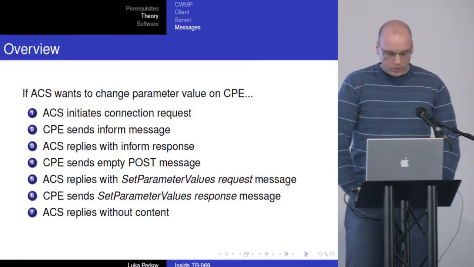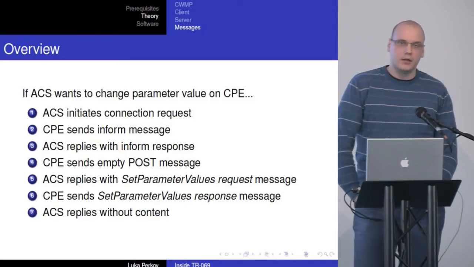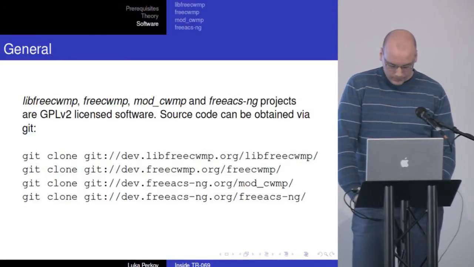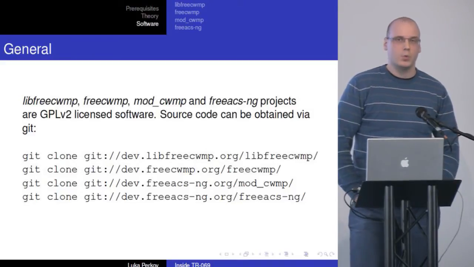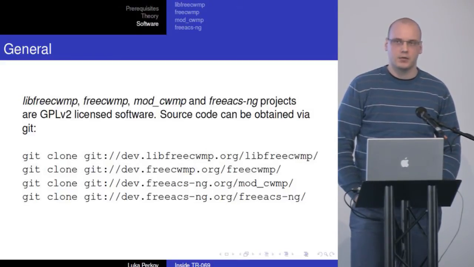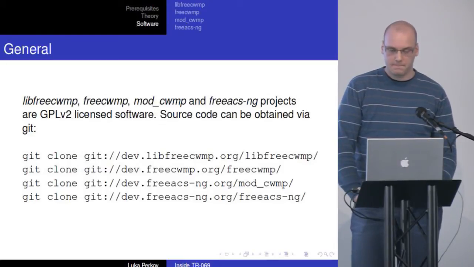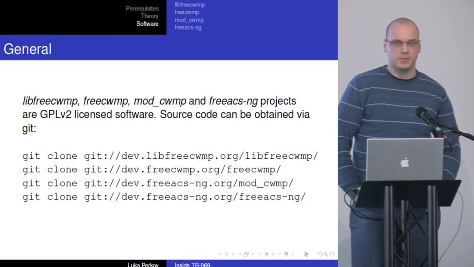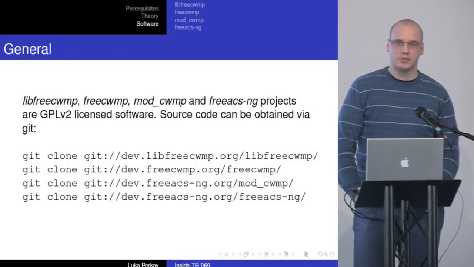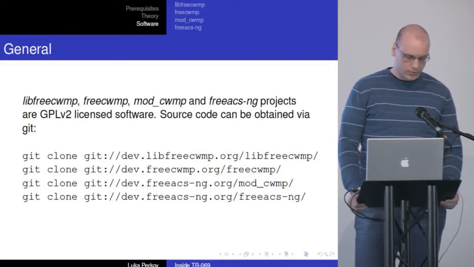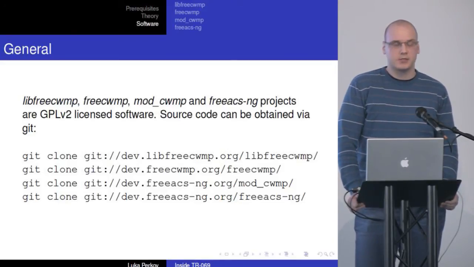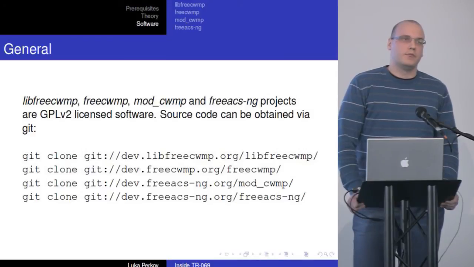Okay, so this is about theory. So about the software, first I started by writing freecwmp, which is a client for CWMP. I wanted to use OpenWRT in a production ISP environment, so ISPs could use OpenWRT as their main system for their CPEs.